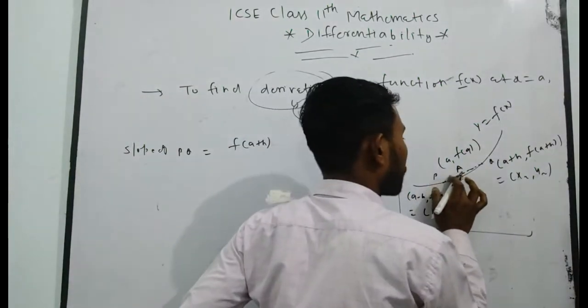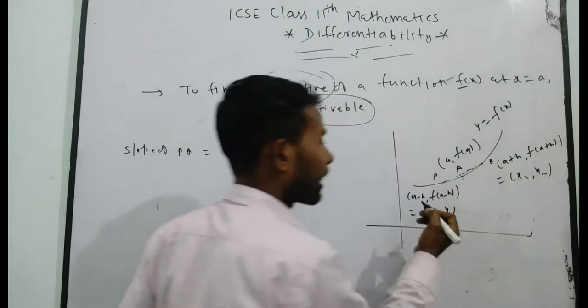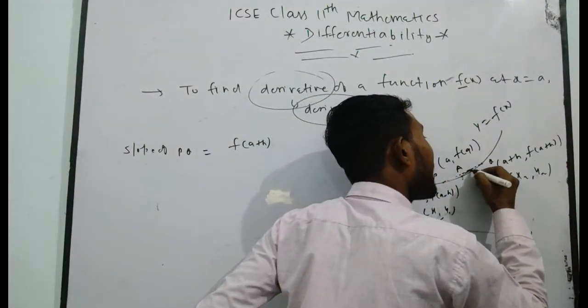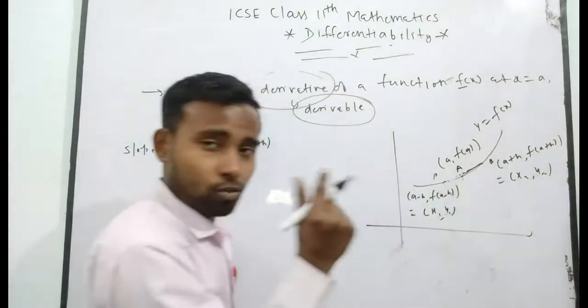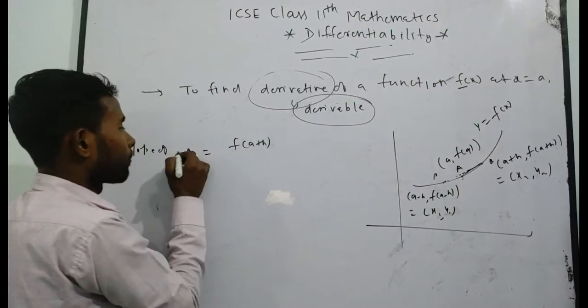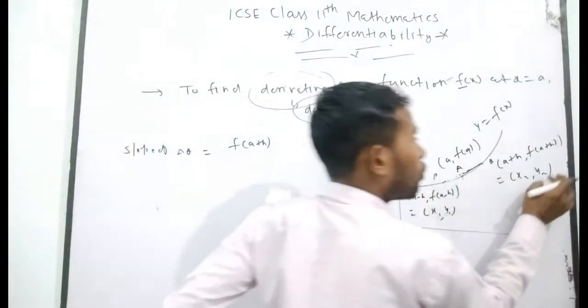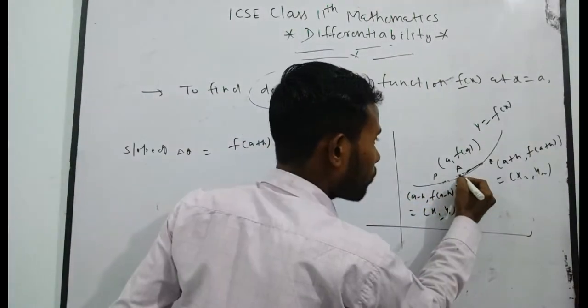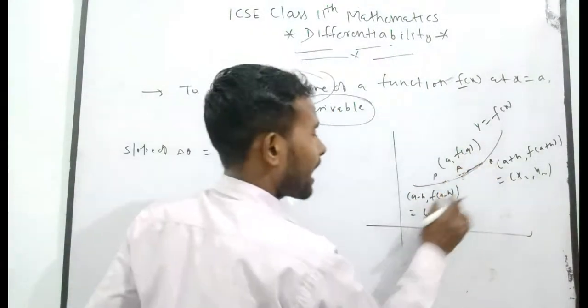Sorry, don't take P here. You have to find the slope of AQ, because AQ is also a chord. The slope of AQ is y2, that means f(a plus h), minus y1, which is f(a), since this point is (x1, y1).